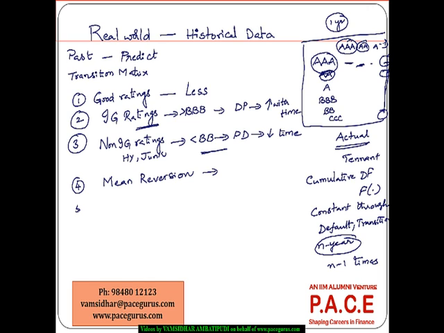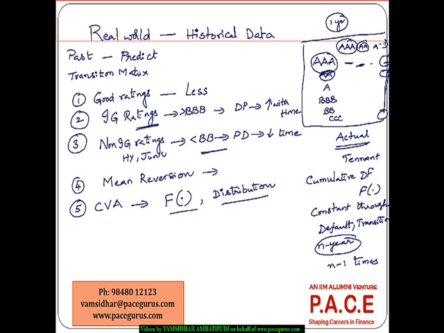While we are computing the credit value adjustment, the pricing of the counterparty risk, we are looking at the cumulative probability of default, but along with that I am also looking at the year over year marginal distribution of the probability.